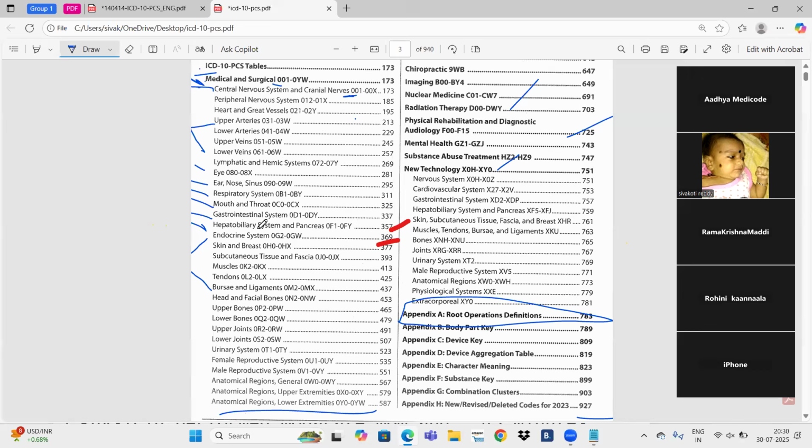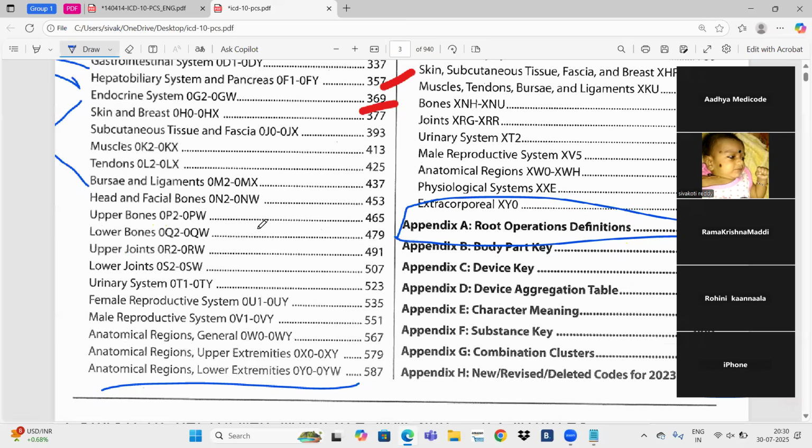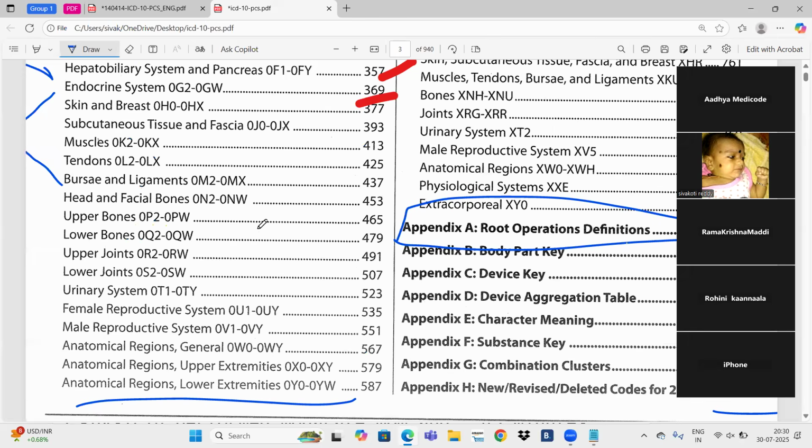Next, bones they divided into 3 body systems: upper bones, lower bones, and head and facial bones. So head and facial bones, you know.